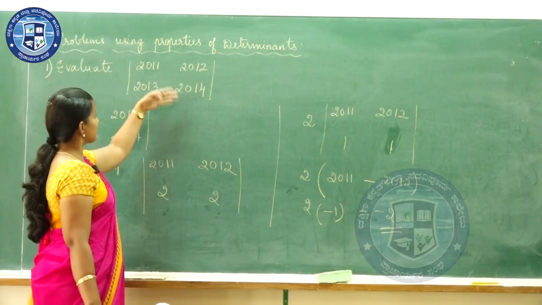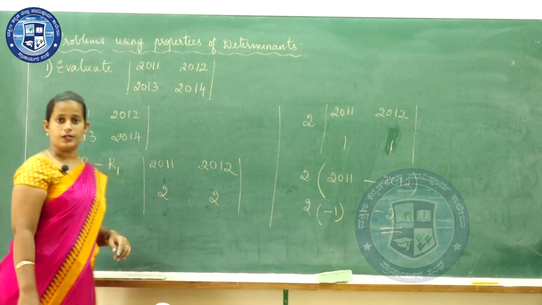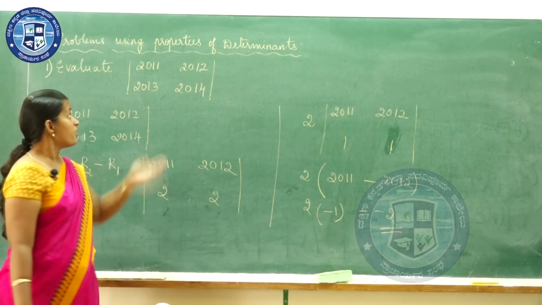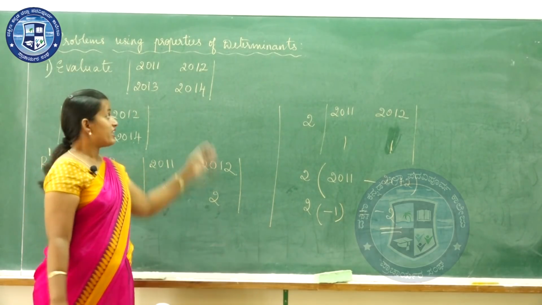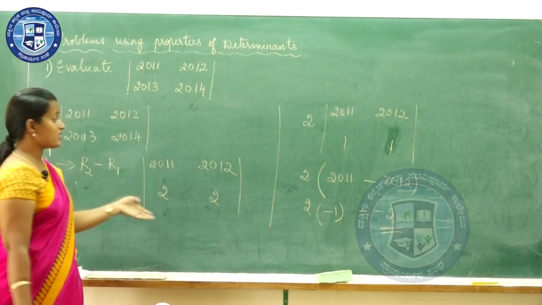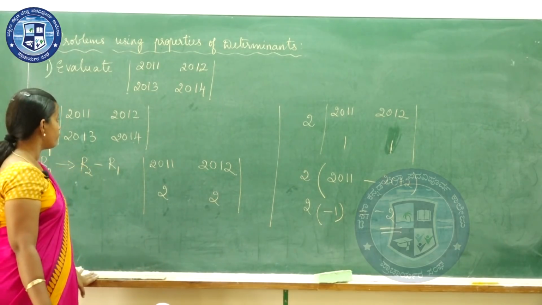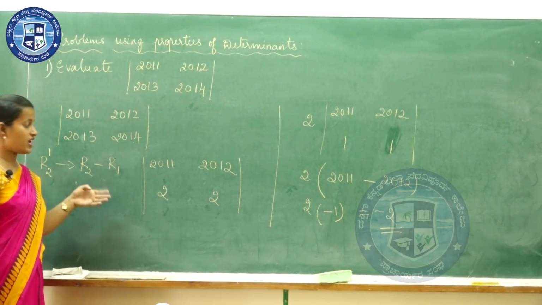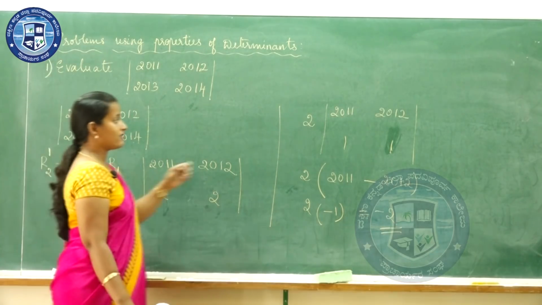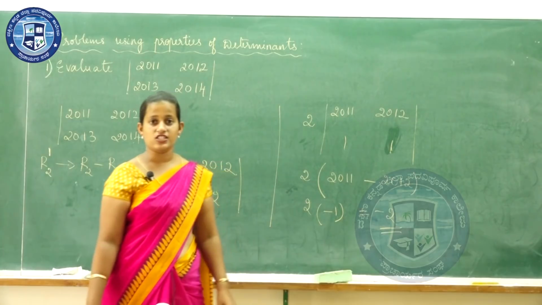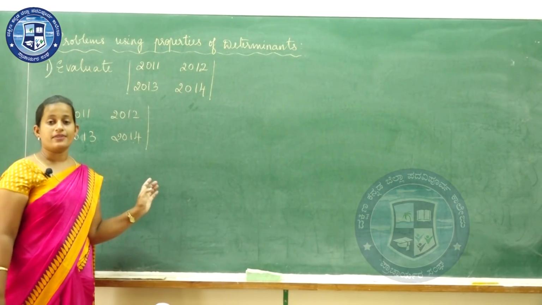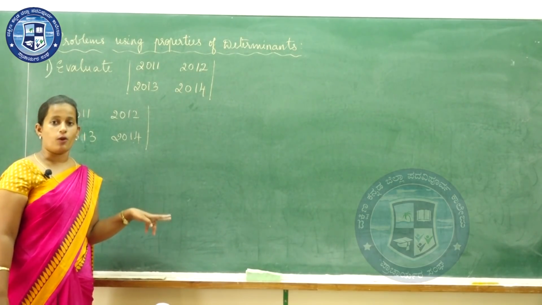If you practically sit and multiply, it becomes difficult. Though with a calculator it is easy, but otherwise it is difficult. So, without using a calculator, this is an easy way to follow. We have used property 6 here and then property 4 here, and we have obtained the answer as minus 2.